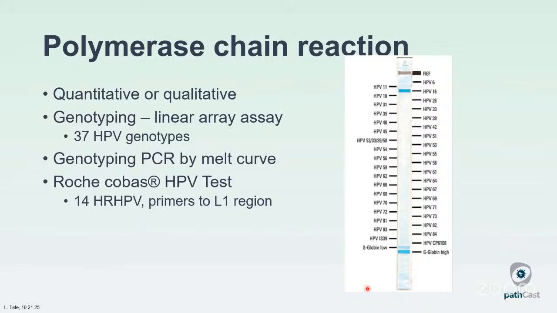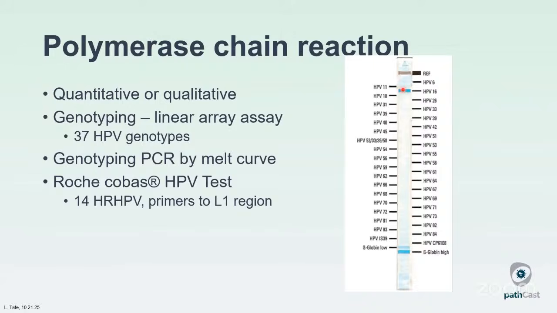This image here on the right is from an assay we used to run in our laboratory, which we use for HPV genotyping from FFPE tissue. This was called a linear array assay, and it had 37 genotypes as part of the assay. And just to show you how you read it, these blue lines down here at the bottom indicate the internal control.